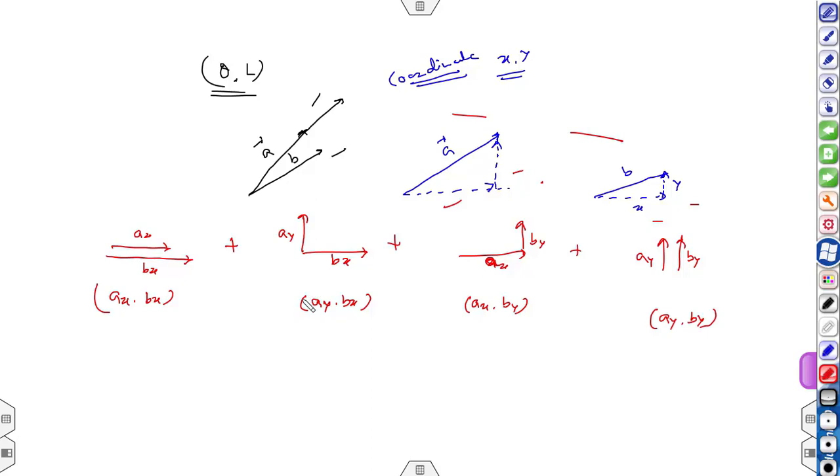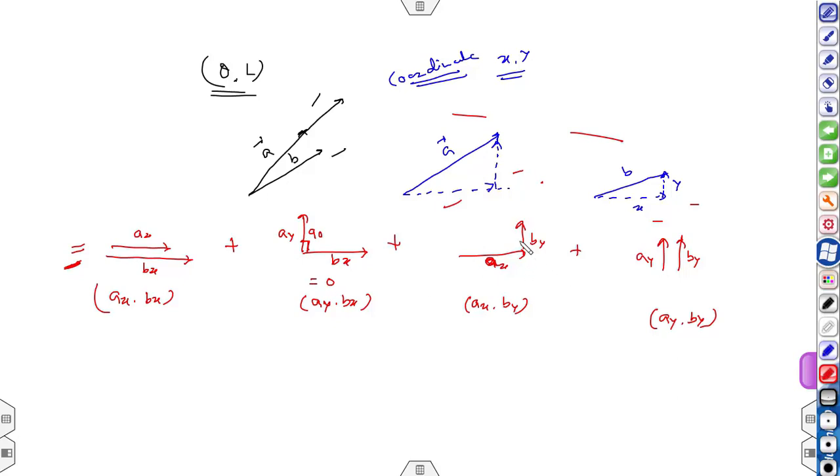Now, the ax bx value will always be non-zero, because the angle between these two is 0. Here the angle between these two vectors is 90, so definitely it will be 0.